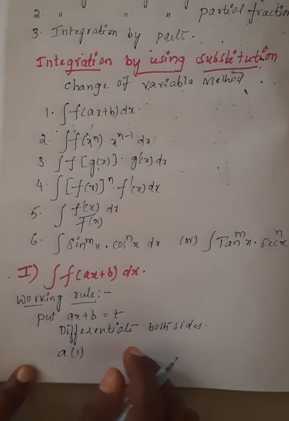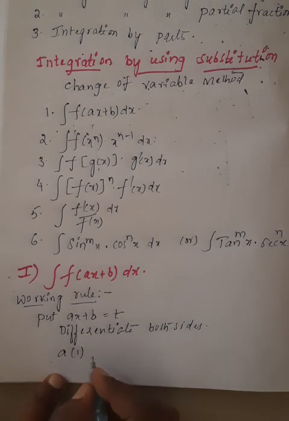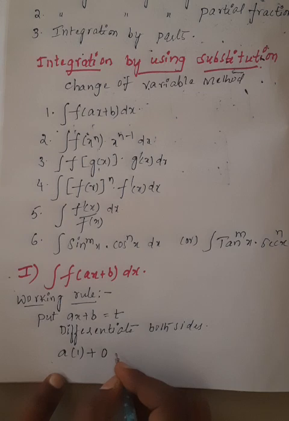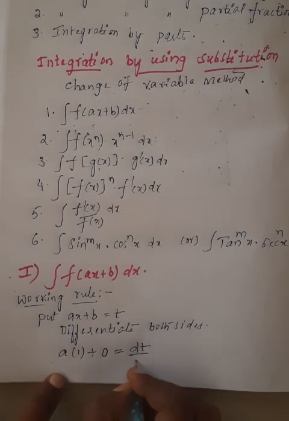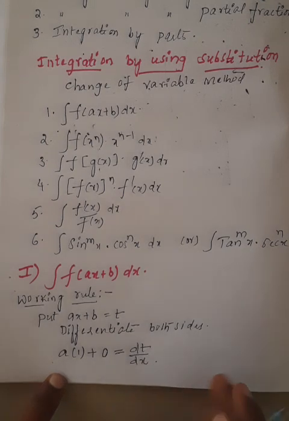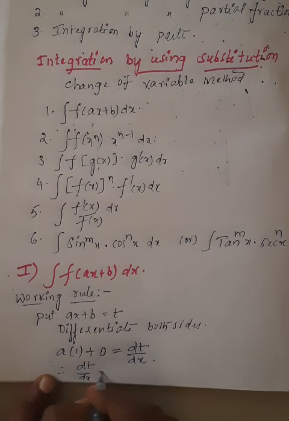We will not differentiate a because a is a constant, plus differentiation of b is 0 because b is a constant, equal to dt by dx. Therefore dt by dx is equal to a.